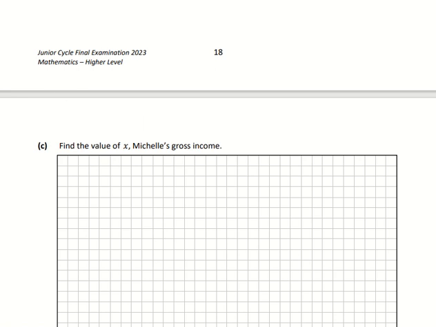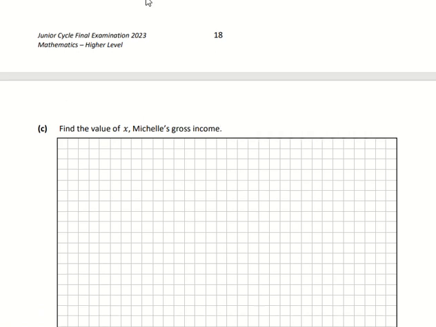Find the value then of X, her gross income. For this question we have to come up with an equation. So let X over 20 be the total USC she has to pay.